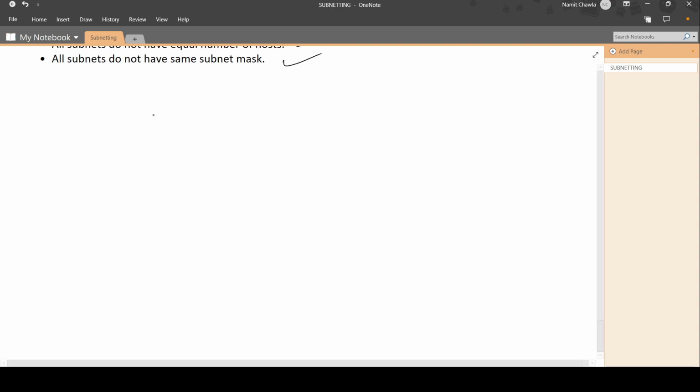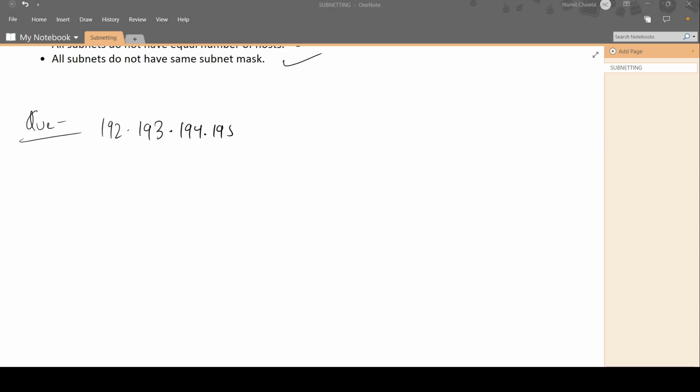Alright, let's take the similar example, the very first example that we took for one of the IP addresses, which was 192.193.194.195. So this was the question.